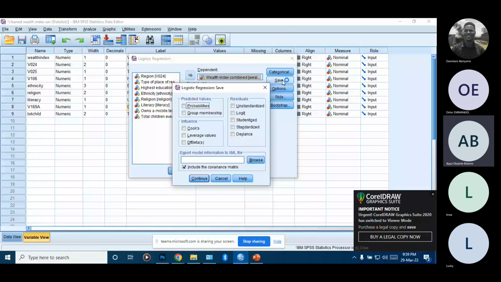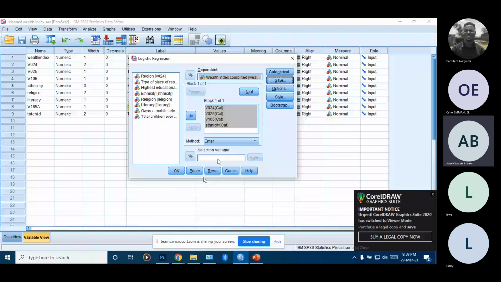The next thing is save. If we want to predict probabilities, you can click this box, but let's just leave it the way it is. Come to options. There are many options here. When you are trying it on your own, you can explore.